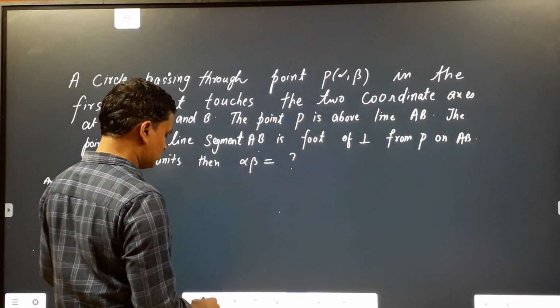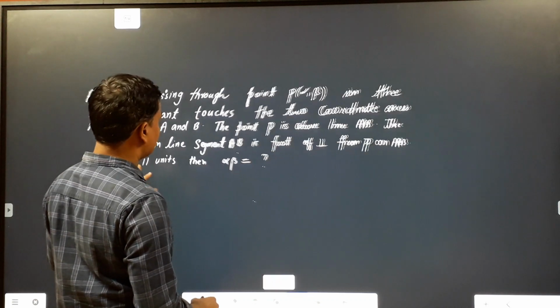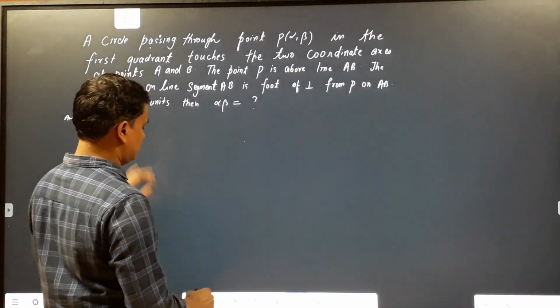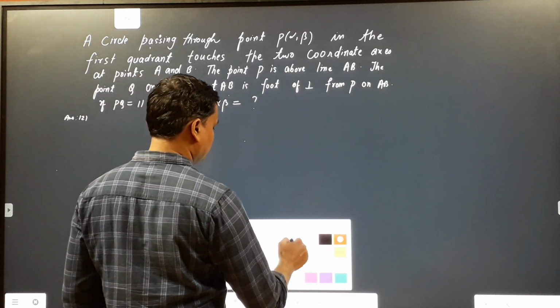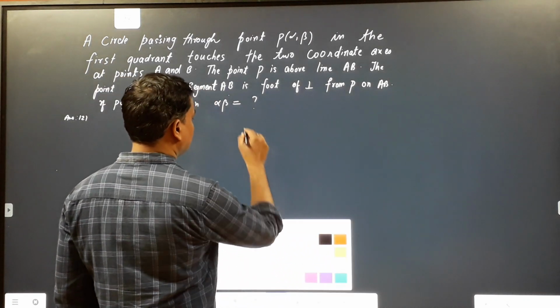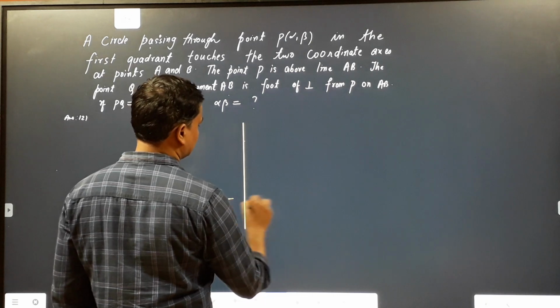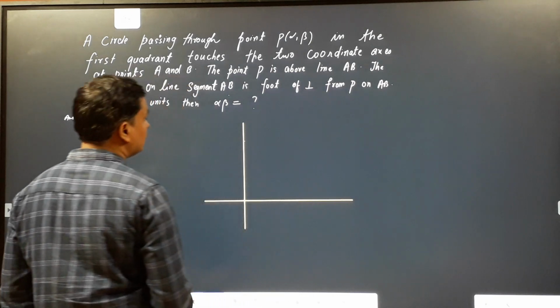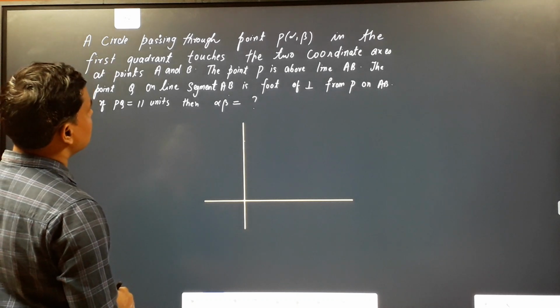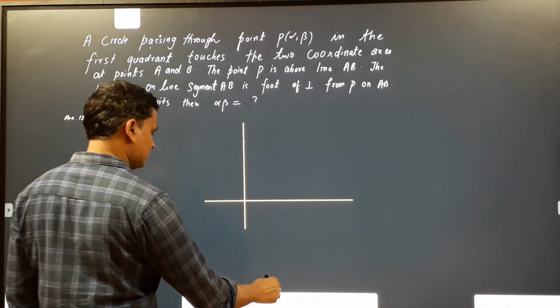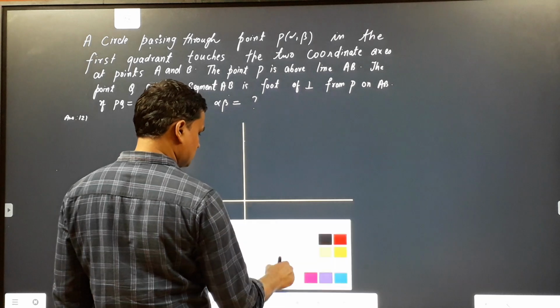As is our general procedure, first of all we draw the diagram. So we will be starting with a diagram. First of all, let me draw the coordinate axes. It will be something like this. Now a circle passing through point P (alpha, beta) in the first quadrant touches the two coordinate axes. So we need to draw a circle.